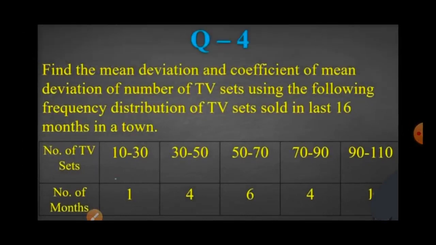Now sum number 4. Find the mean deviation and coefficient of mean deviation of the number of TV sets using the following frequency distribution of TV sets sold in the last 16 months in a town. Here observations and frequencies are also given.